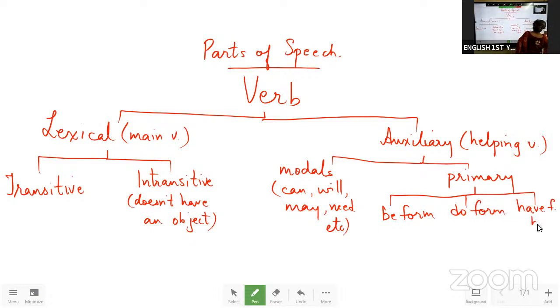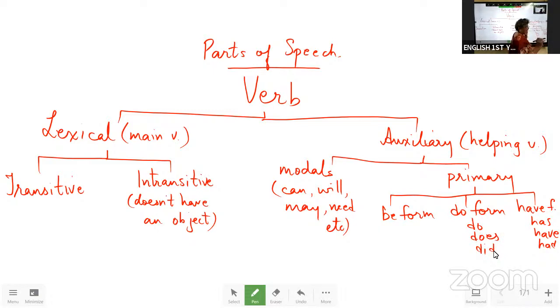Have form is very easy. Has, have, had, plus the negative, hasn't, haven't, hadn't. Do is also easy. Do, don't, does, doesn't, did, didn't.